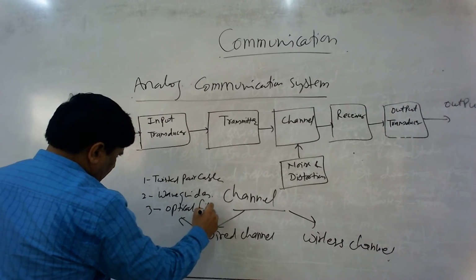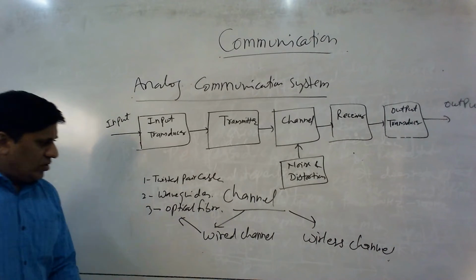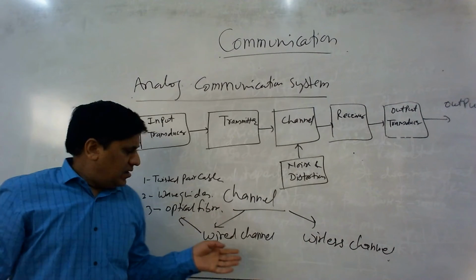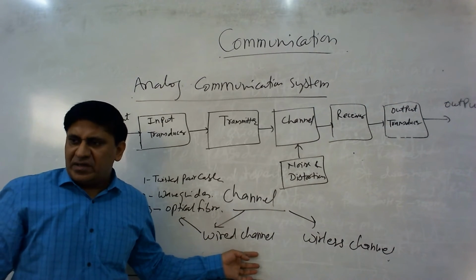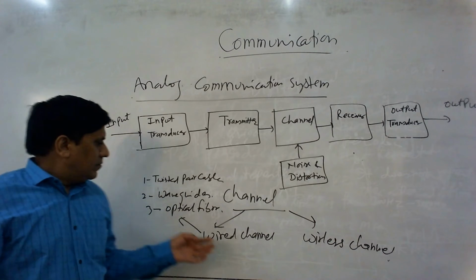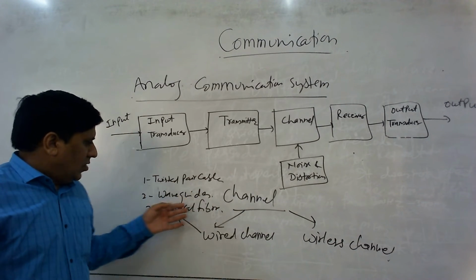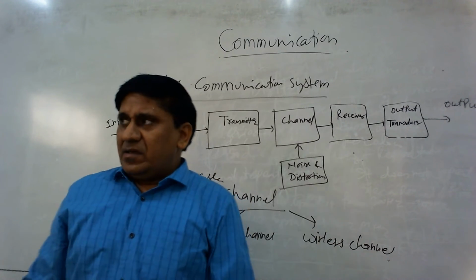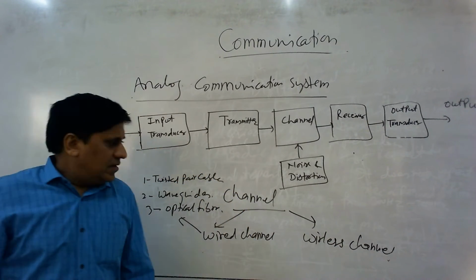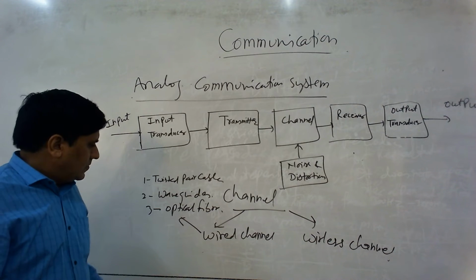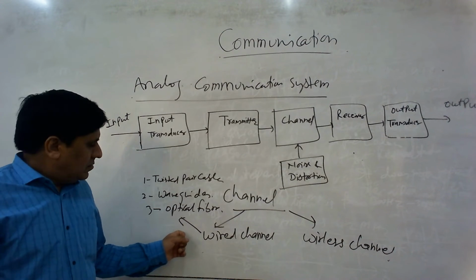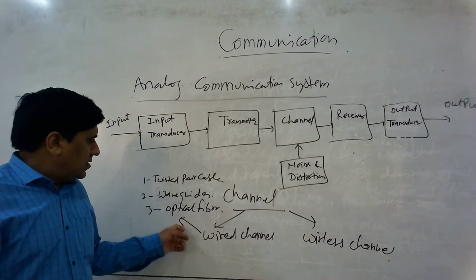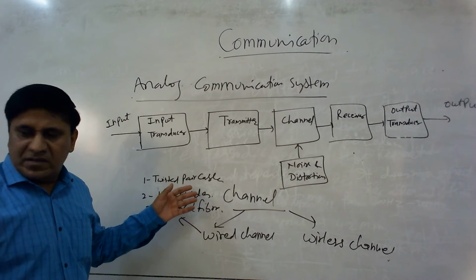These three types are commonly known as the wired channel. Optical fibers are being used nowadays with rapidly increasing use, as their properties are the best of all the wires.